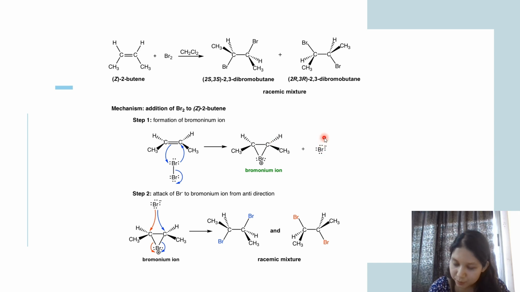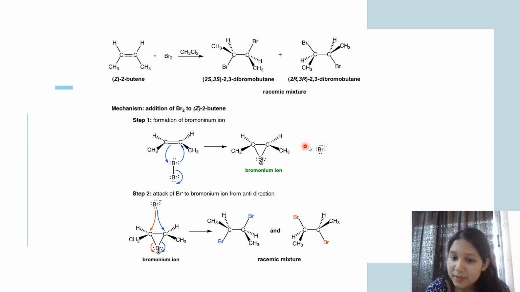If this bromide ion attacks from this side, then the bromonium ion will open up in this way, and we will have bromine here, and this bromine will be here in the opposite direction. This bromide comes here, this bromonium ion opens up, and this bromide in return comes here. That is one case when bromide attacks at this center.